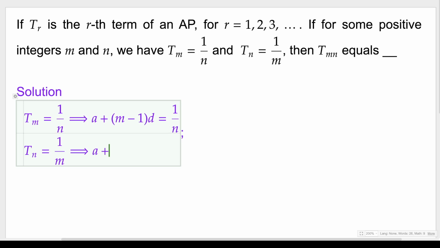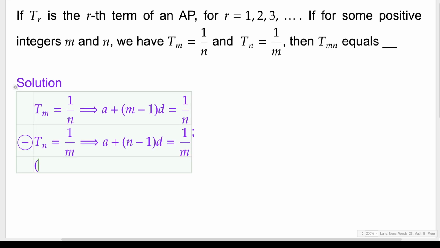So let us call this the first equation and this one the second equation. I'll perform the subtraction operation. On performing subtraction here, we can write this as m minus n times d, that will be equal to 1 over n minus 1 over m.